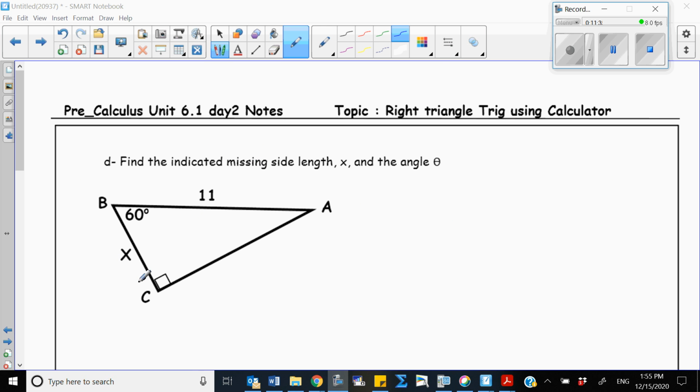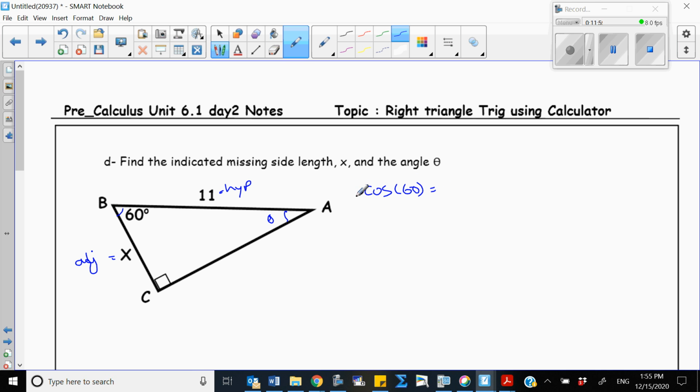Okay, for the next example, again, we are looking for side x first, and also we're looking for angle theta, which is this one. To find side x, again, I have this angle, the hypotenuse is given, and I'm looking for the adjacent.